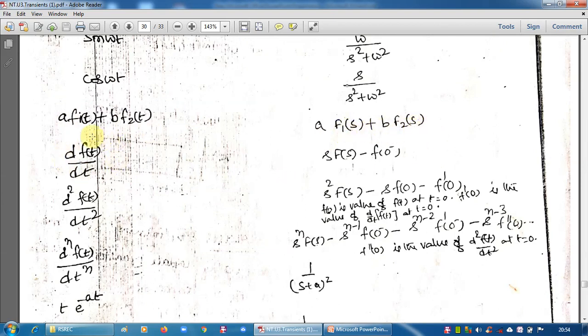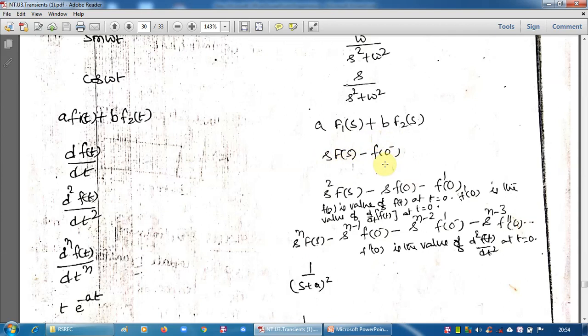And this is important. Laplace transform of derivative of the function d by dt of f of t is given by s into f of s, Laplace transform function f of s, minus f of 0. This is the initial value of the function. So like that, the initial values are automatically included in the Laplace transform.